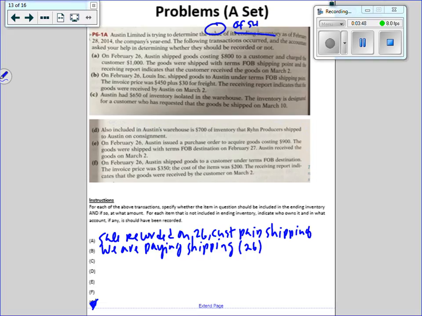We owned the stuff plus shipping. So if we had to say which account this went to, it's inventory. And although the stuff was only, no, I'm looking at the wrong one. The stuff was $450. We had to pay $30 to get it there. So actually our inventory would look like we own $480.